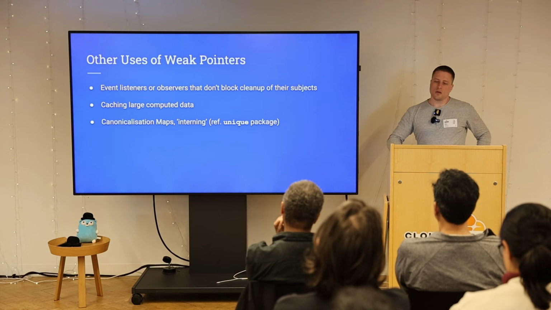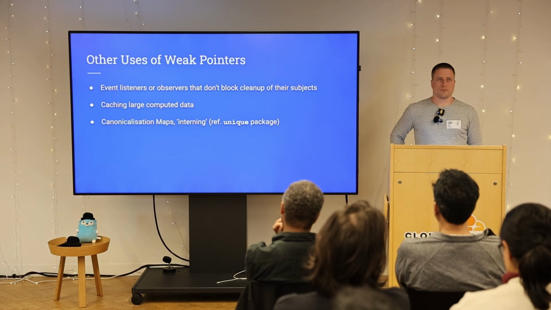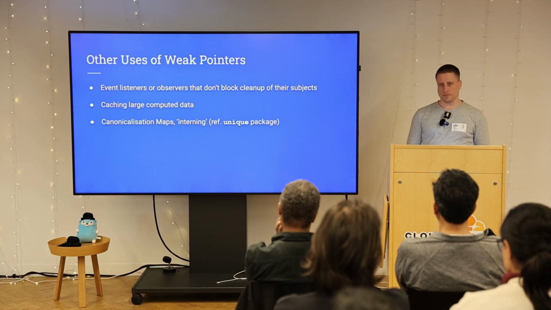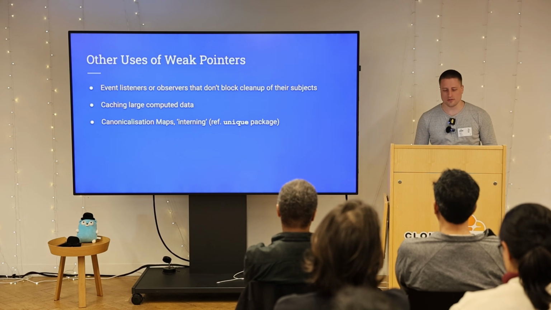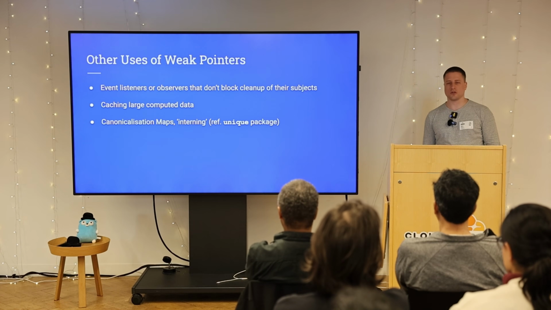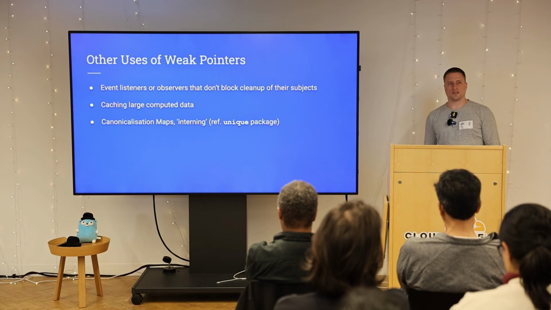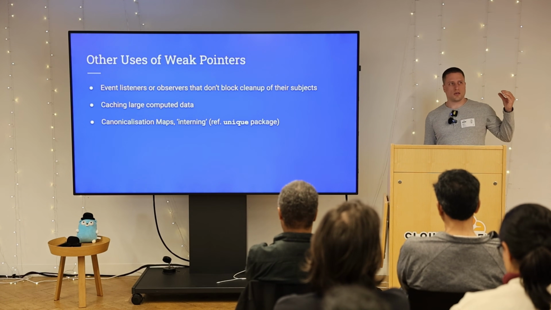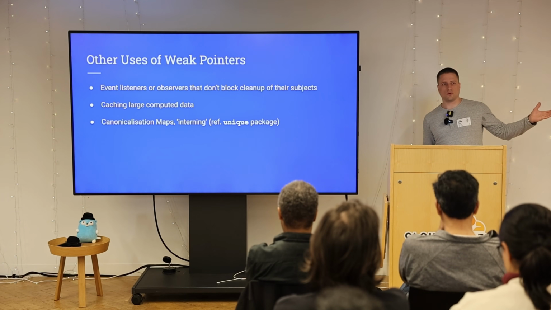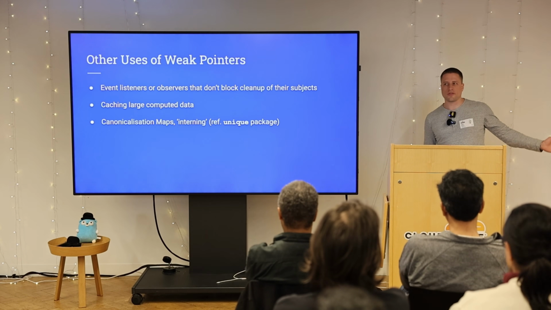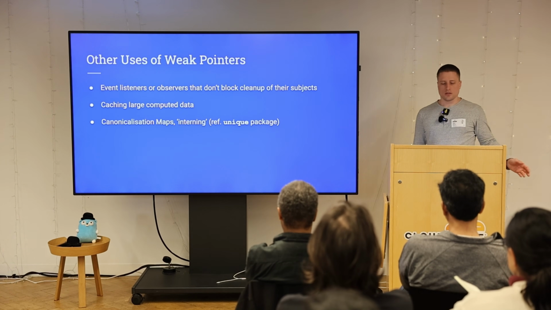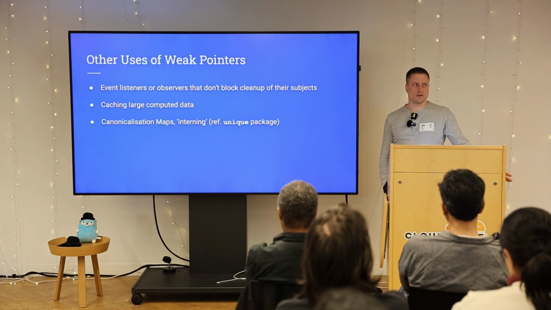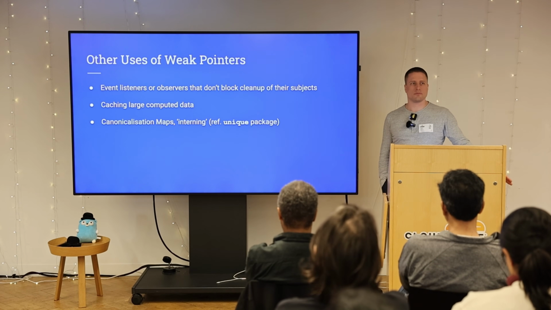So you might be able to imagine wanting to have something like a pub sub pattern or an observer pattern, for example, where a listener is essentially able to monitor an object that's in memory, but without stopping it from being garbage collected when it's not being used anymore. So this would allow you to have an observer which is not preventing cleanup of the thing that it's observing.